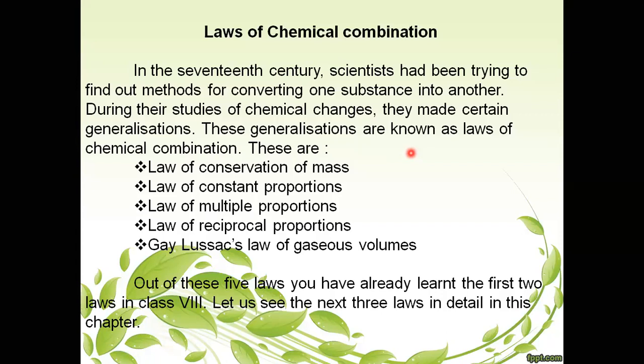The first one is law of conservation of mass. Second one is law of constant proportions. Third one is law of multiple proportions. Fourth one is law of reciprocal proportions. Fifth one is Gay-Lussac's law of gaseous volumes. These are the 5 laws scientists have made.